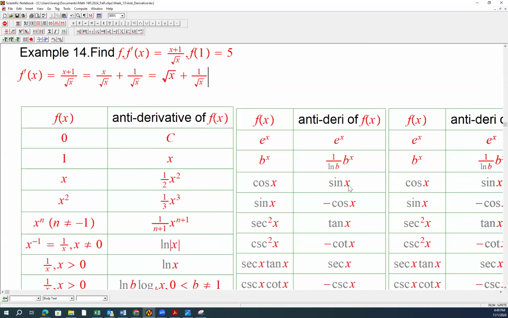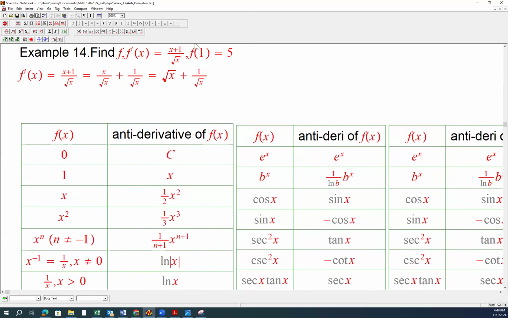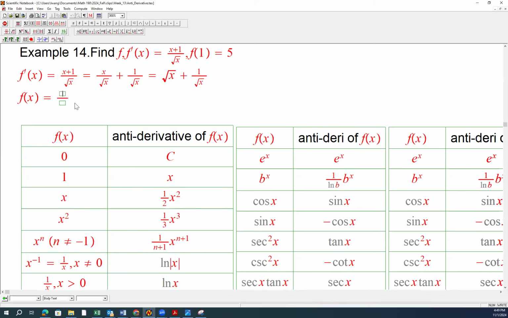And of course, you can express it in power form. If you express it in power form, that's probably a bit easier for everyone, but you can also go straight to it. So this is going to be f, which is the antiderivative of f prime. We've done this many times over, so by this time, I think it's going to be pretty easy for everyone. Let's just finish it.